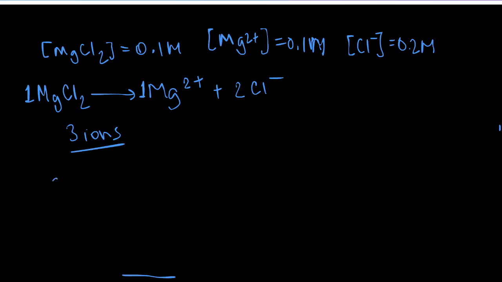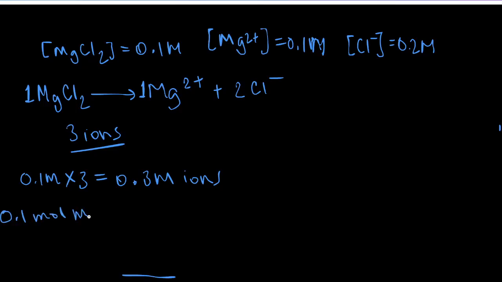So we can say that 0.1 moles times 3 is 0.3 molar ions. Again, setting it up stoichiometrically, this is the last time I'm going to do it in the video, but 0.1 moles of MgCl2 per liter.